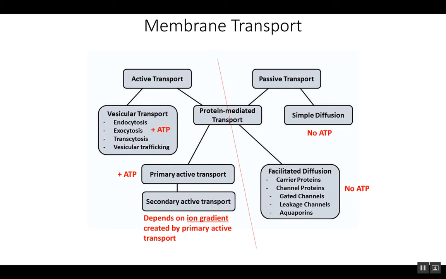What that does is you're moving a positive ion in one direction. The secondary active transport would be moving the negative ion towards that positive sodium. So in order to move the negative ion, like chloride, you first had to move that positive sodium ion. So that's called primary and then secondary transport.